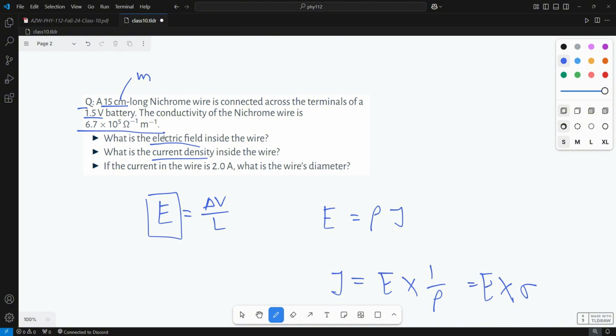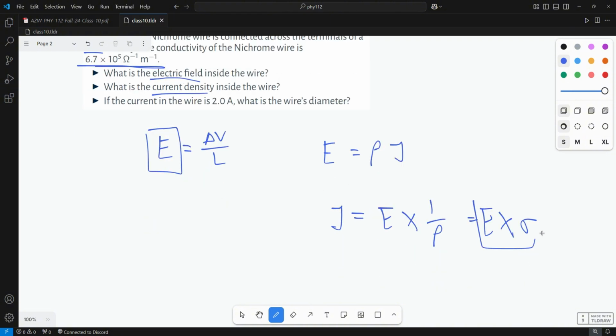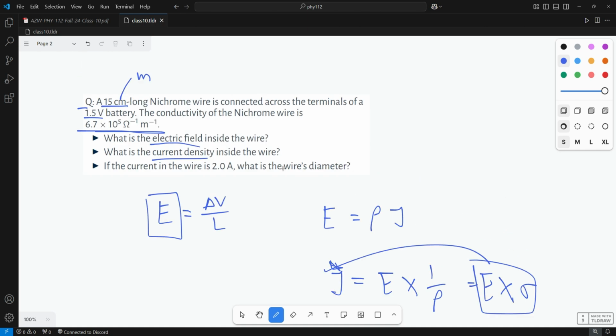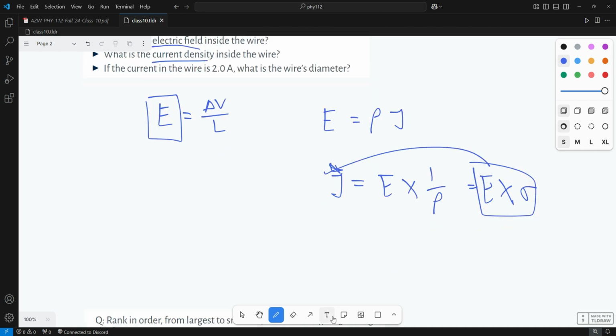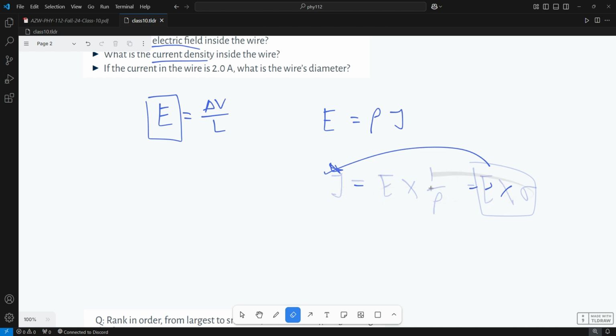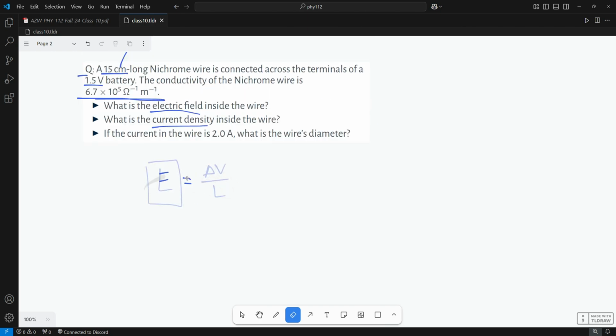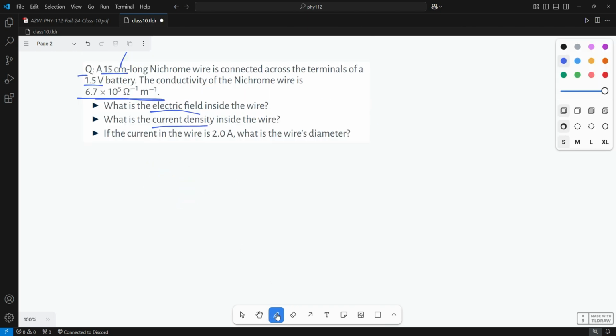Conductivity is already given here. We can just use this value to find the electric current density.